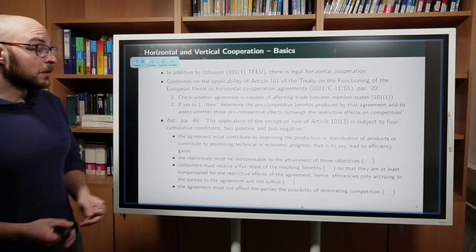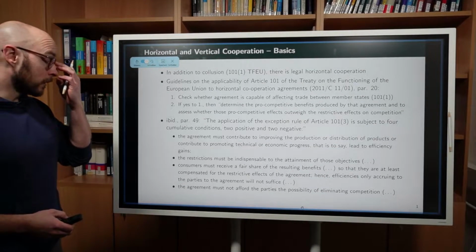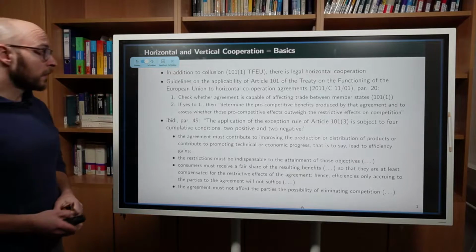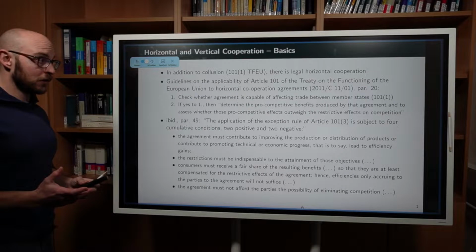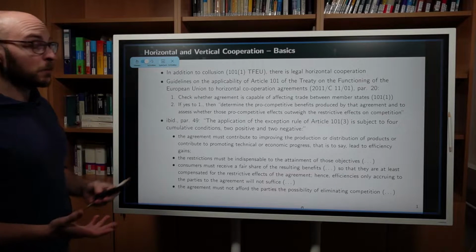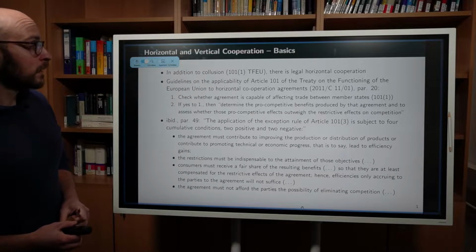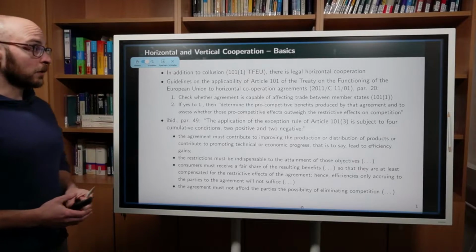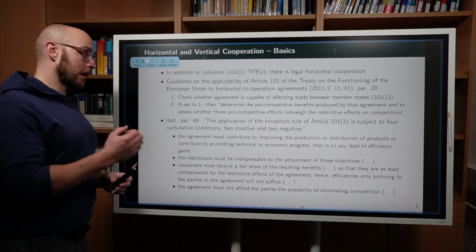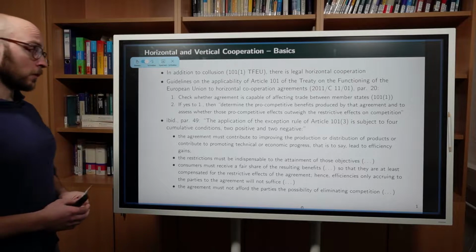So, in the European Union, how are horizontal cooperations treated? Well, first you have to check whether these agreements are capable of affecting trade between member states, right? So you have to have the community component to it. And if this is the case, then you have to determine whether the pro-competitive effects that come along with the cooperation outweigh negative effects that also are associated to the cooperation.